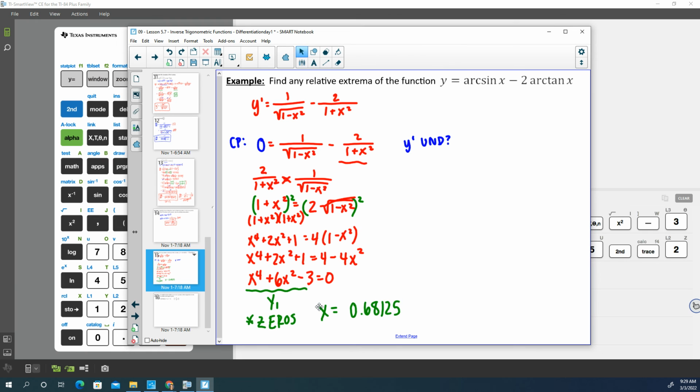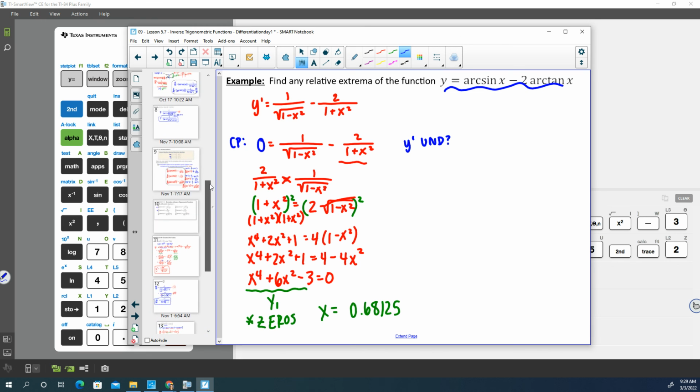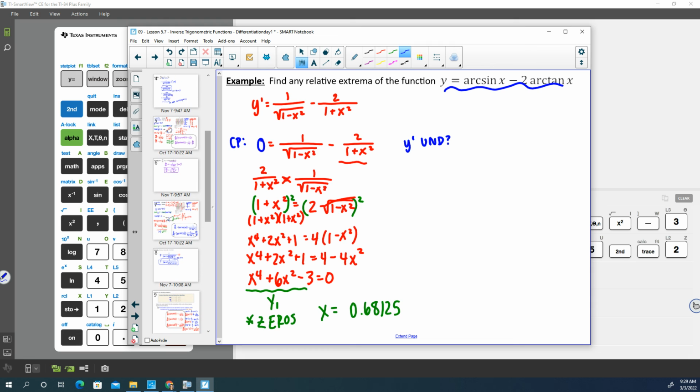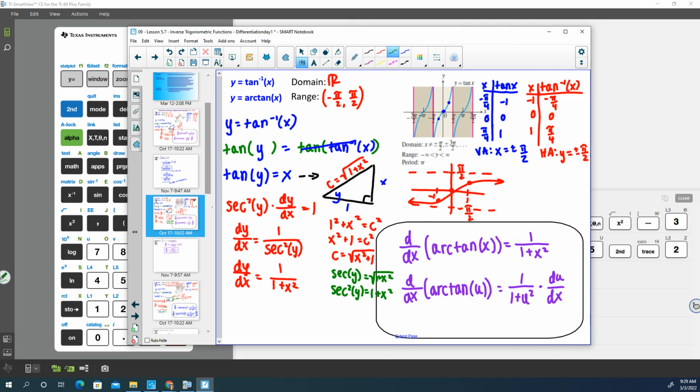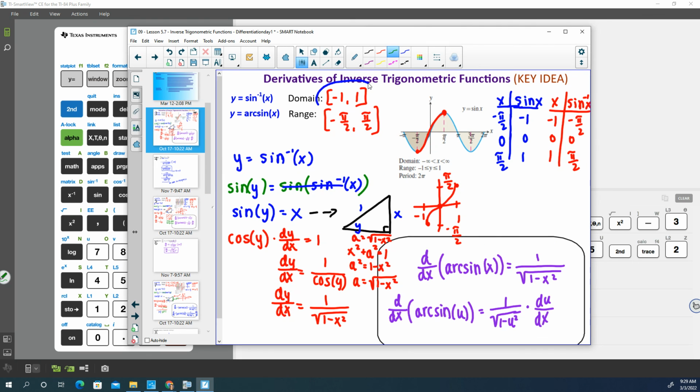So before I go back to that, let's talk about ones that are possible. Looking at my original function, we have inverse sine and inverse tangent. We talked about this, that the domain for inverse sine, I think sine is the very first one I did. Oh, that's inverse tangent. The domain for inverse sine was only -1 to 1.